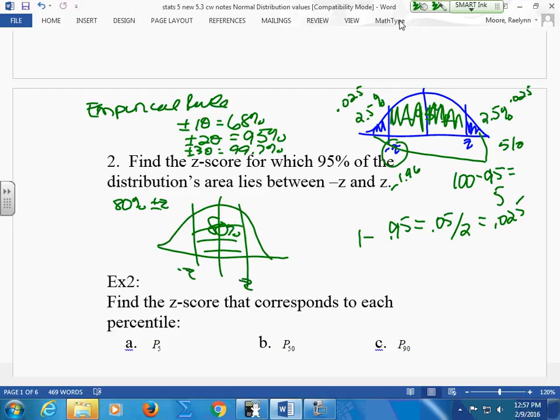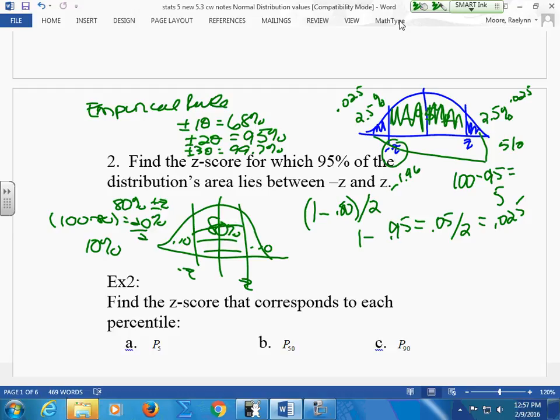Okay, 100 minus 80, so these are 20% altogether. So I could divide it in half, 10, 10. So 0.10, 0.10. Or I could tell my calculator, and in your calculator you have to use 1, you can't use 100. 1 minus 0.80, then divide that in 2.